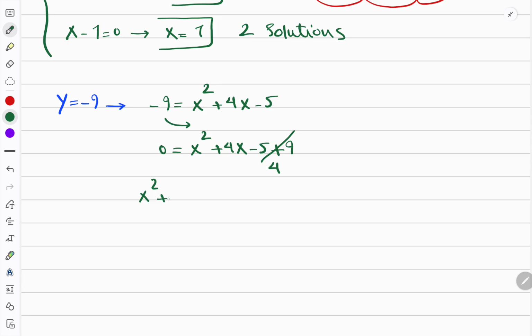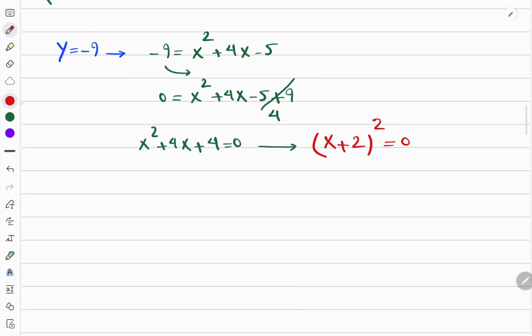So x squared plus 4x plus 4 is 0. So this can be written as (x plus 2) squared. This is a perfect square identity. So the only answer for x is -2. So for this one, we only have one solution.